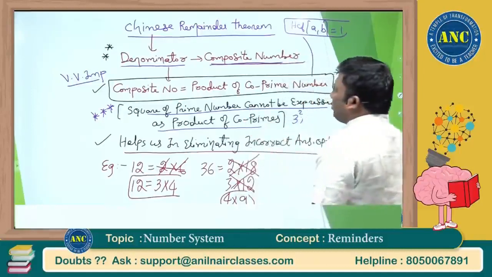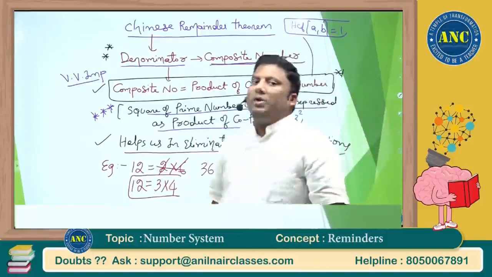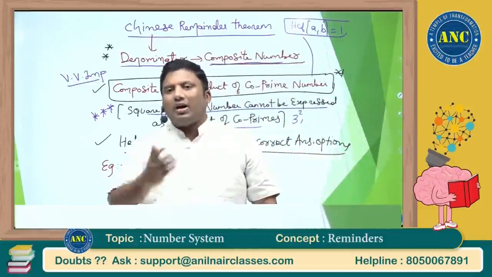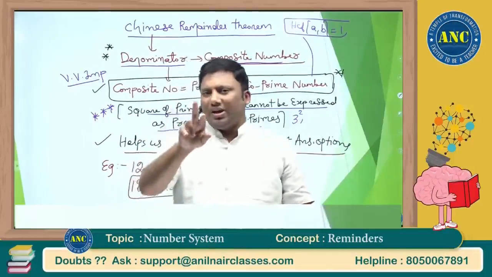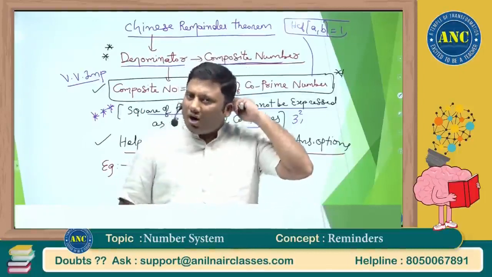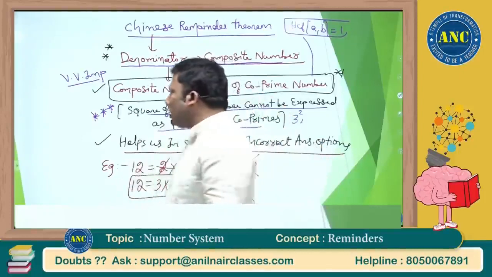See here: in how many ways can you write 8 as a product of two coprimes? 1 into 8, and the next one is 2 into 4. That is also not possible.